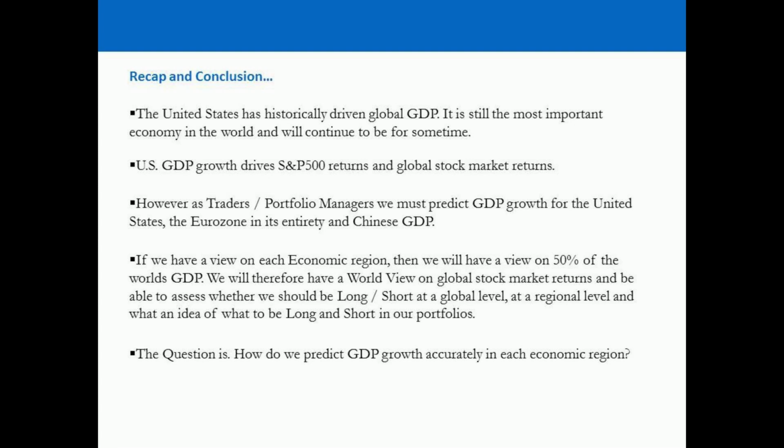So we've got to try and predict US GDP, Eurozone, and Chinese GDP. That makes up half the world. And we can have views on either or. We can be bullish on the US, bearish on China. We can be bearish on the Eurozone, bullish on China. And then you have an overall view as well on the whole world.